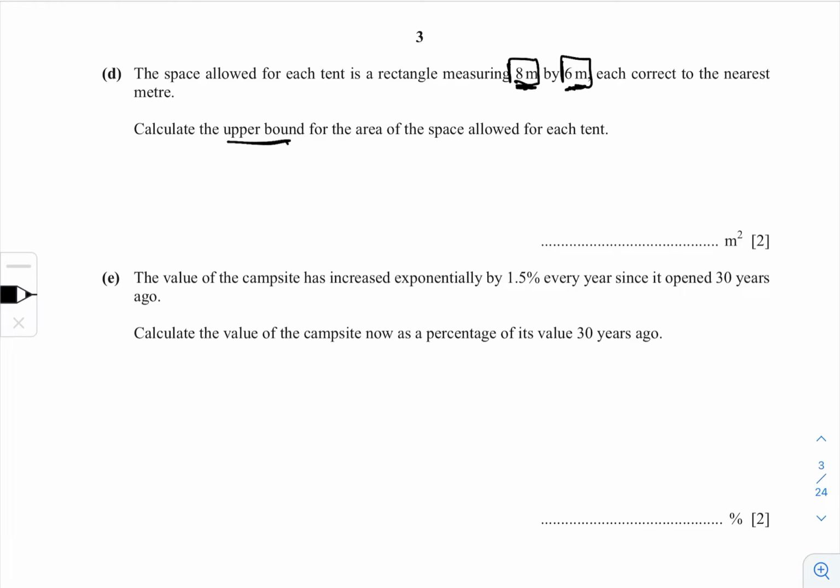So therefore the upper bound is 8.5, which is from 8 meters, multiplied by 6.5, which is the upper bound of 6 meters. This gives you 55.25 meters squared, and that is the answer.